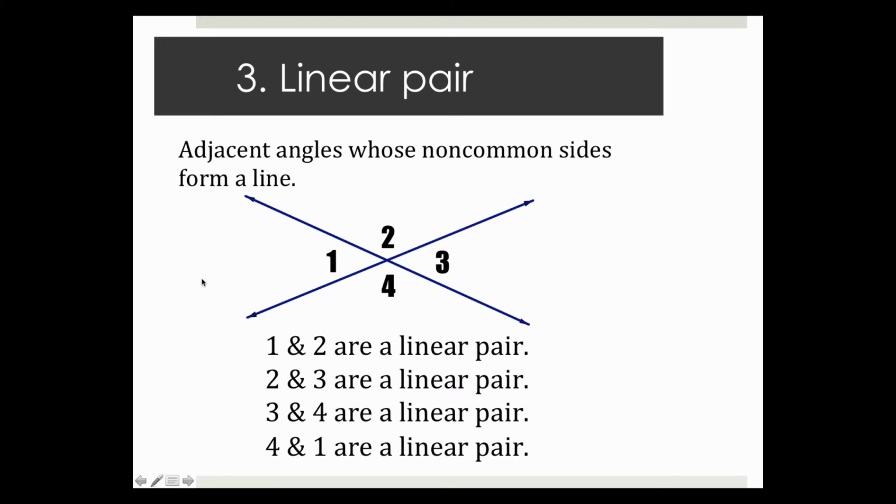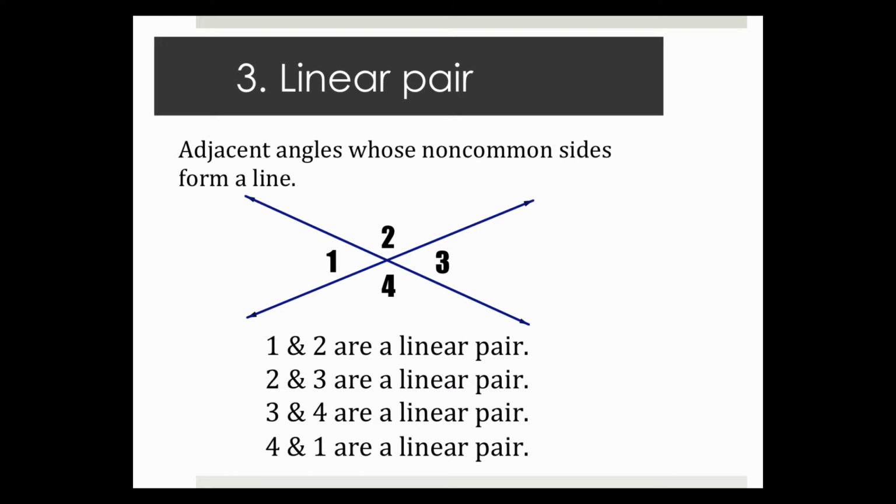Linear pair. The difference between a linear pair and adjacent angles is that the linear pair has to form a line. So you'll notice that same picture, 2 and 3. 2 and 3 are adjacent angles.